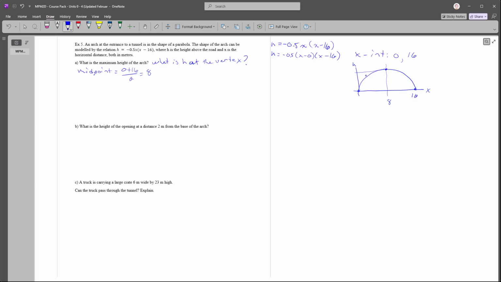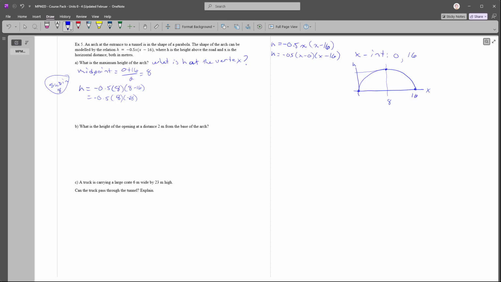But now we need to find the y value at the same location. So what can we do with that? Well, we can substitute this value back into the original equation. So we have h is equal to negative 0.5. We're going to substitute our x in there. So sub in 8. So our 8 times 8 minus 16. So that's going to be equal to negative 0.5 times 8 times negative 8. So the negatives are going to cancel out of here. So we have 8 times negative 8.